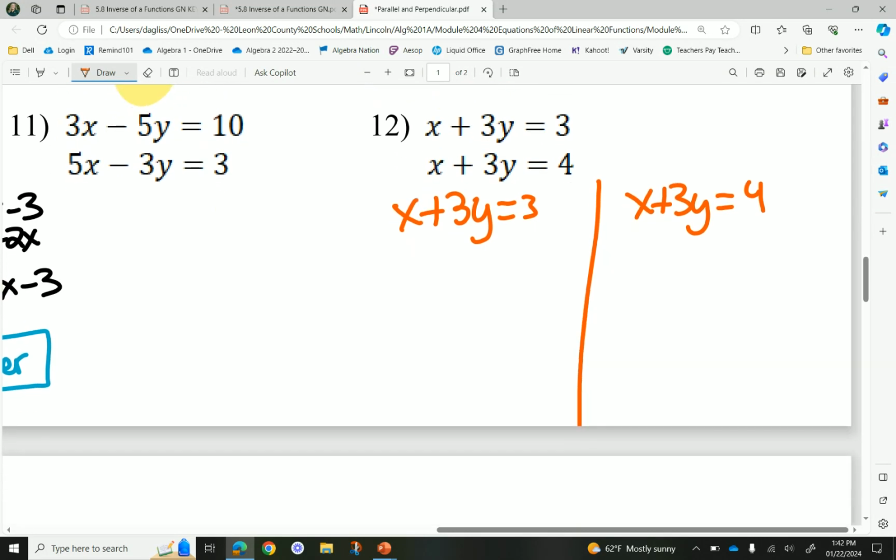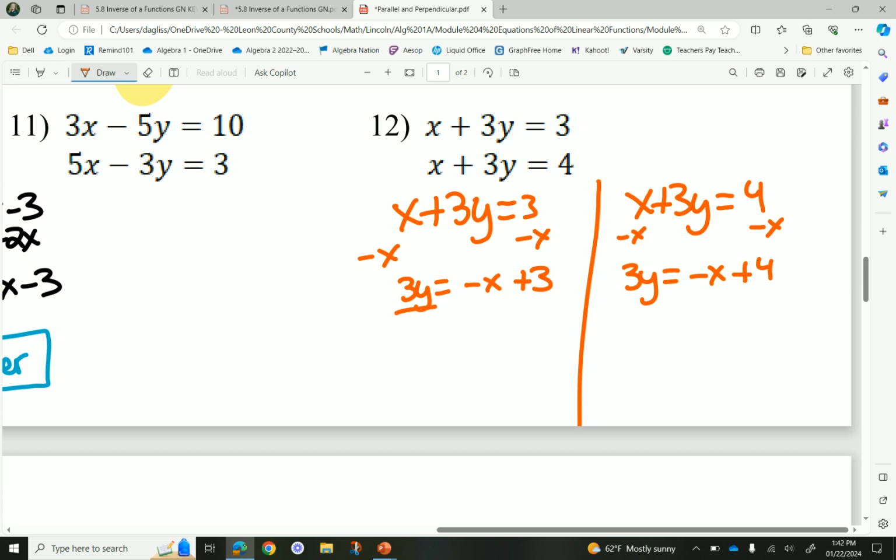They both have the same first step, which is going to be subtract x to the other side. So I have 3y equals negative x plus 3. This gives me 3y equals negative x plus 4.